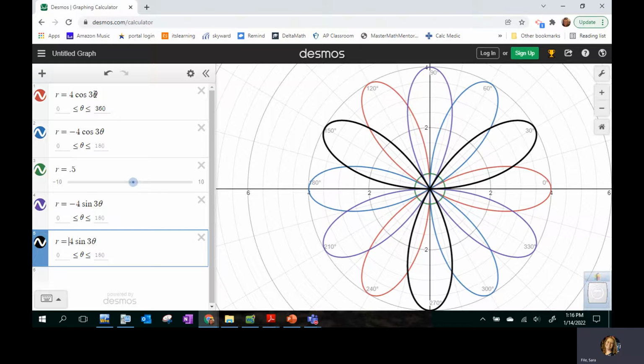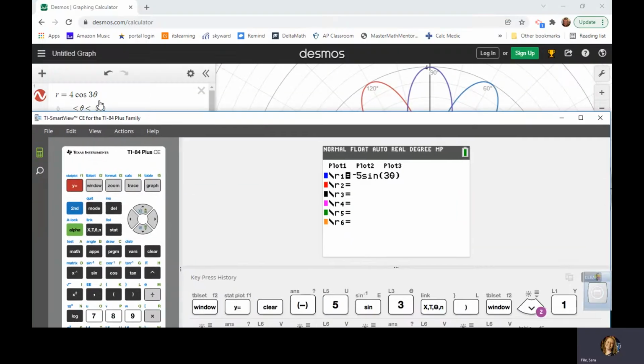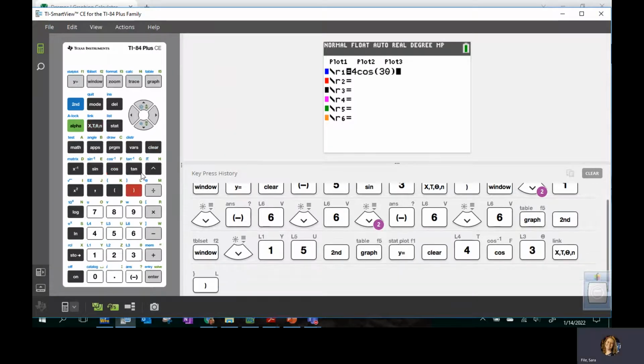And I would probably set the change in table. So I'm going to do this first equation, 4 cosine of 3 theta. Okay, go to second window, and I would have the change in table be 15 degrees.